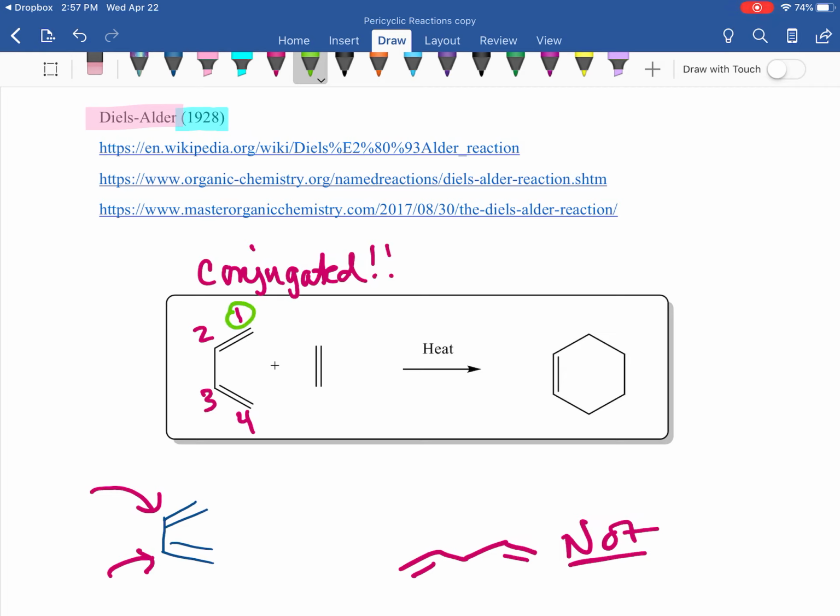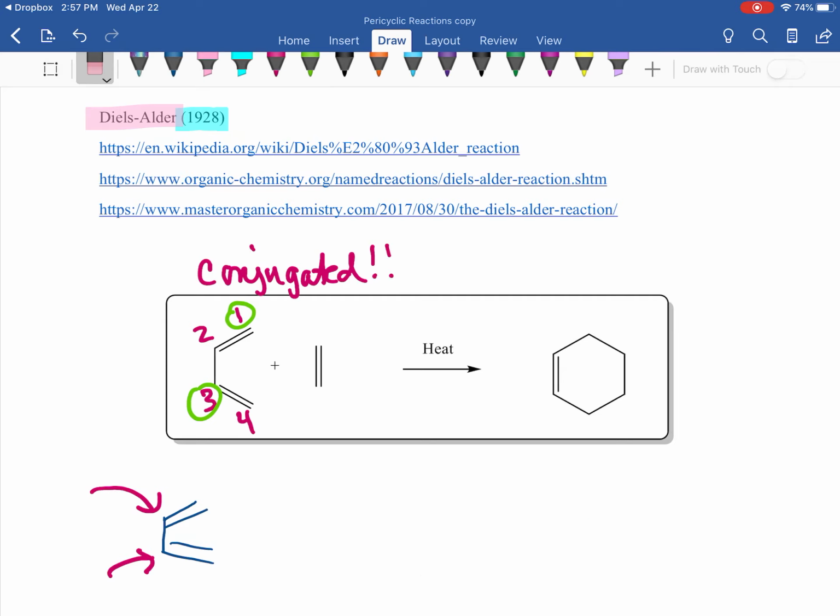If I were to take something like this, that is not conjugated. It is all about your spacing. They have to be basically like this, alternating 1, 3, I could put 5, something like that. What's awesome is in nature, these compounds with enough conjugated alkenes are often brightly colored to us.